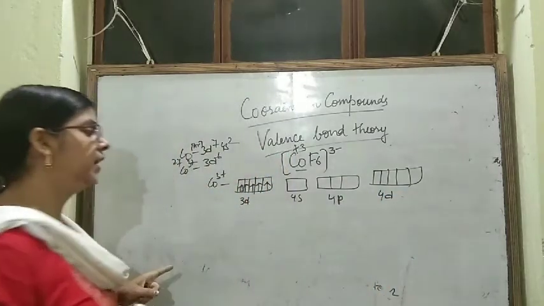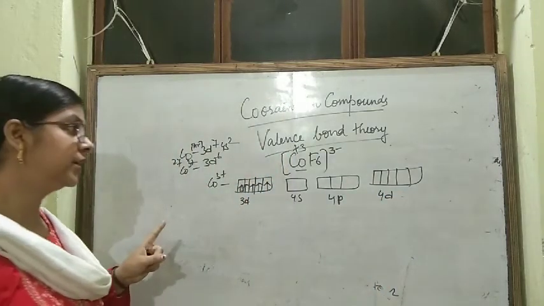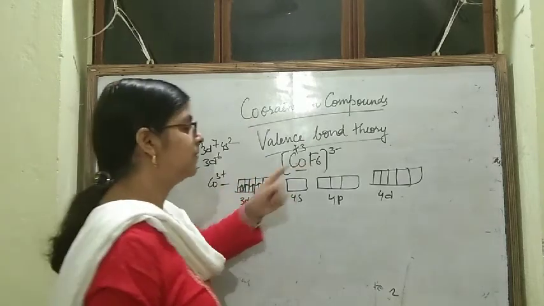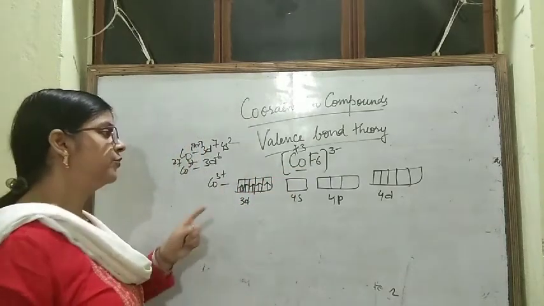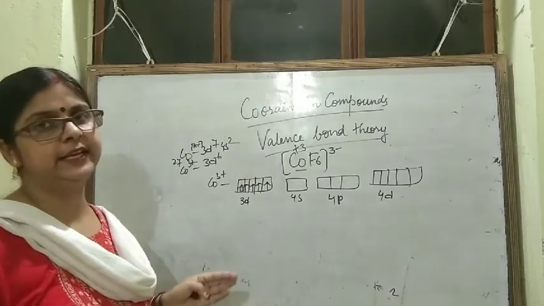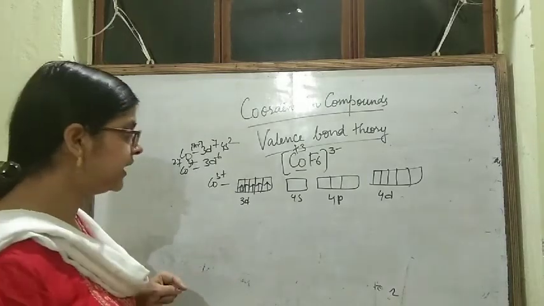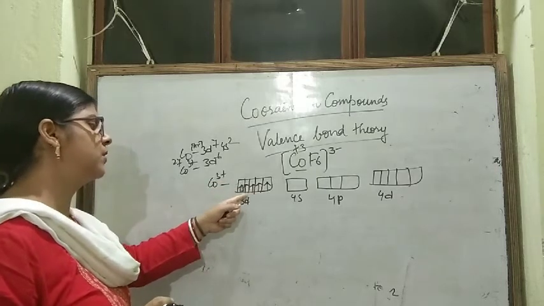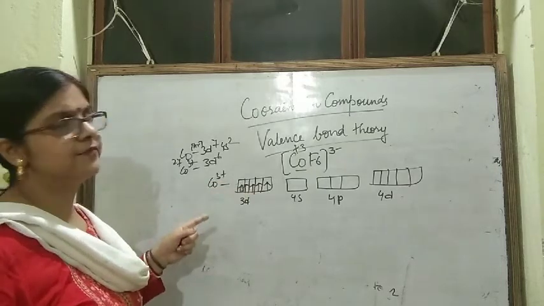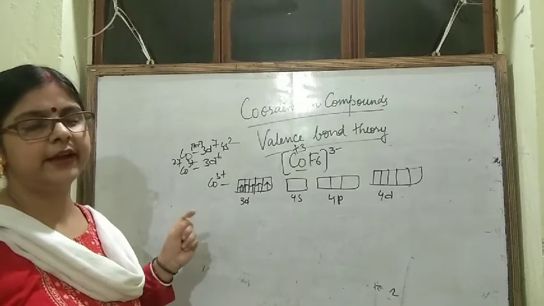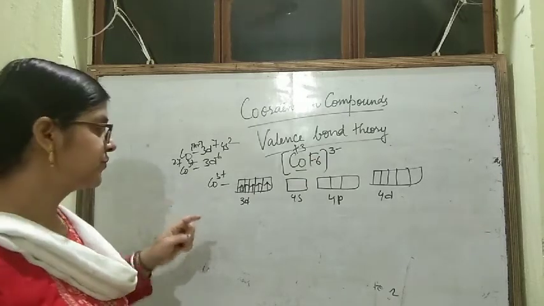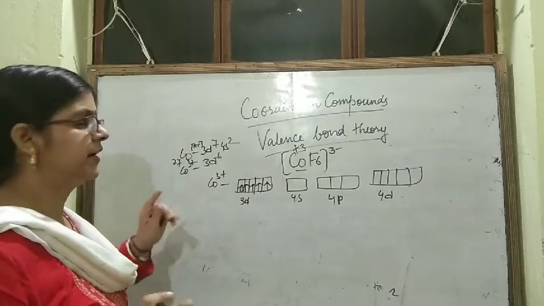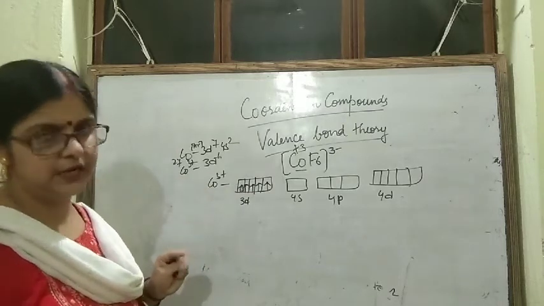Here you see, one thing we'll have to keep in our mind: the strength of the ligand. Here, fluorine is a weak ligand. So it cannot pair up the electrons of the central metal ion cobalt. It will not cause pairing of electrons in the central metal ion cobalt.